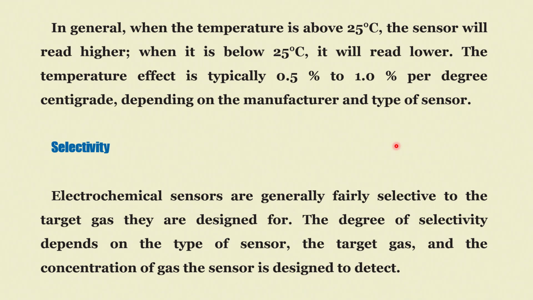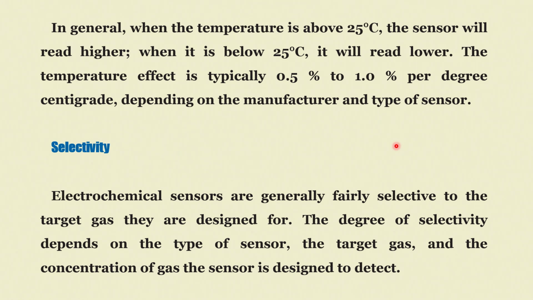The temperature effect is approximately 0.5 to 1% per degree centigrade. So, this can be automatically compensated using an external circuit, and it depends upon the manufacturer and the type of sensor that we are employing.